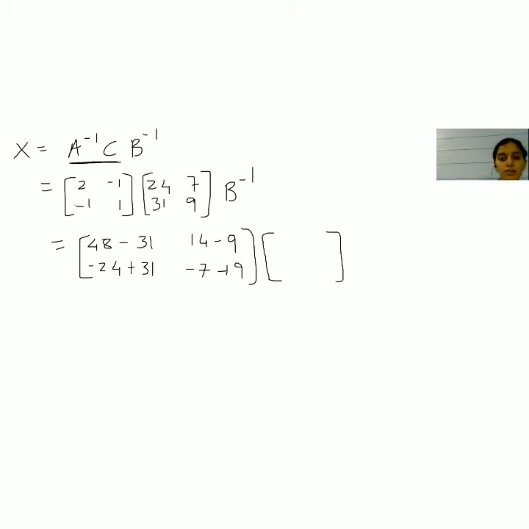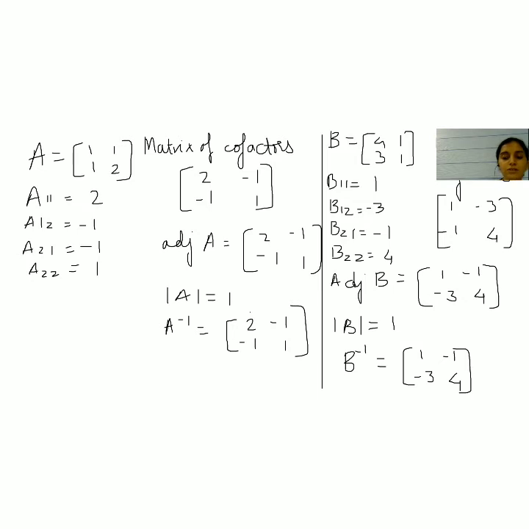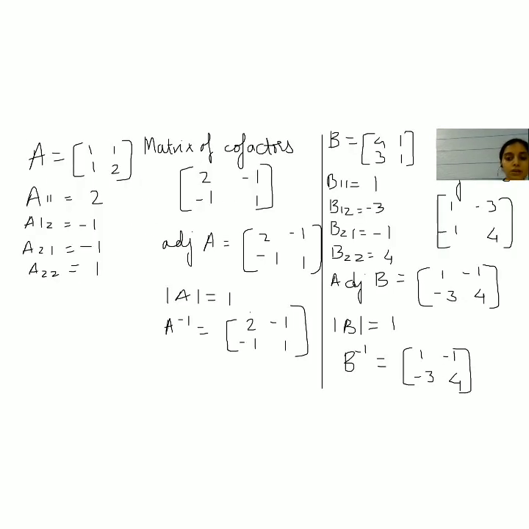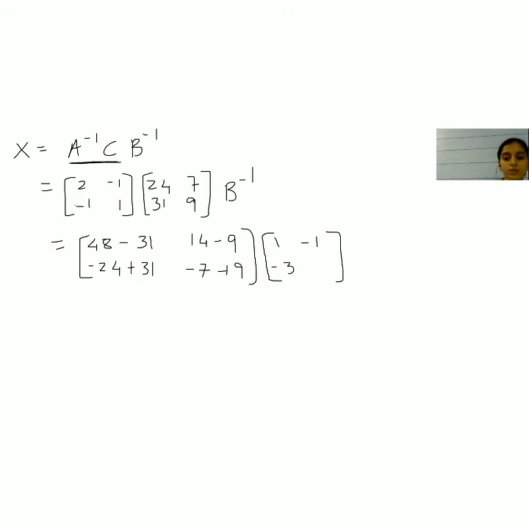So let us now write the B inverse: 1, minus 3, minus 3 and 4. Okay, 48 minus 31 will be 17. Minus 24 plus 31 will be, sorry, not minus, it will be plus 7.